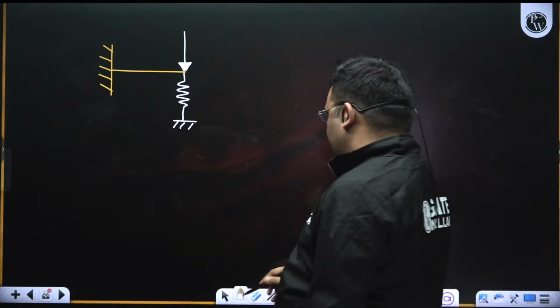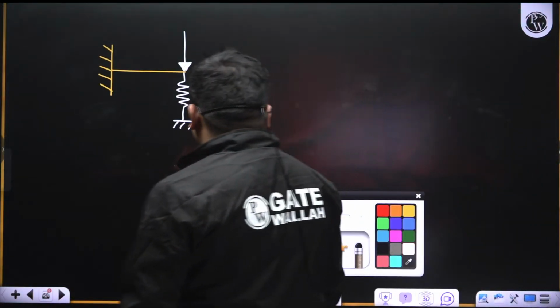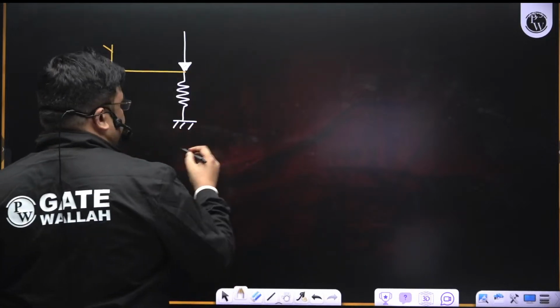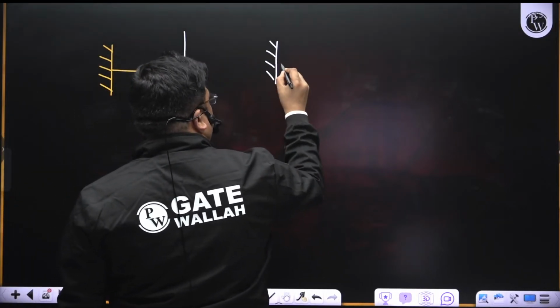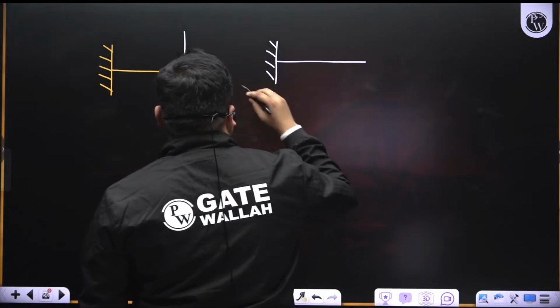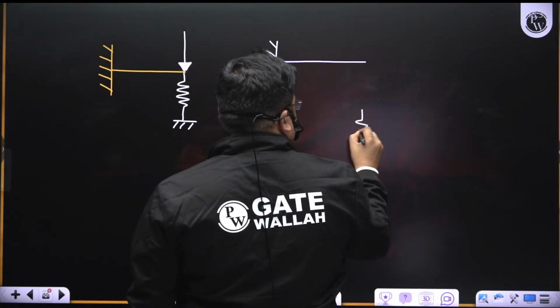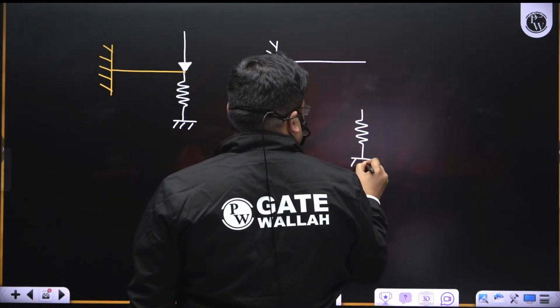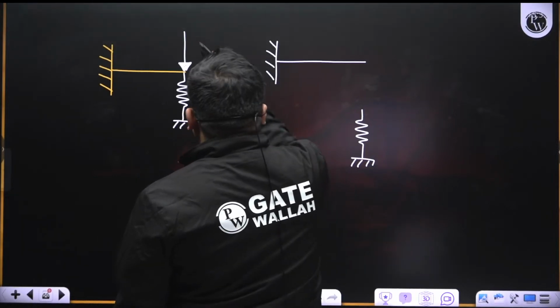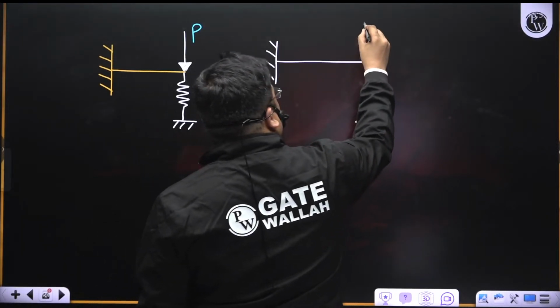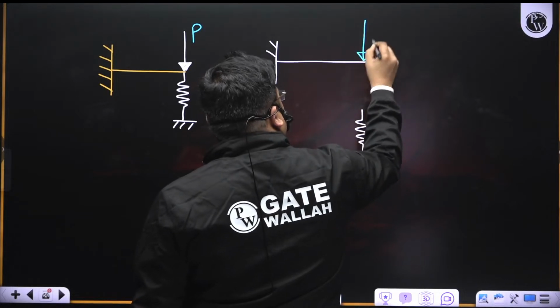First we'll understand the concept. Now see here what you do, you separate the beam and spring. Okay, so what will be happening, if you separate the beam and spring, so for the beam this P load will be acting here.